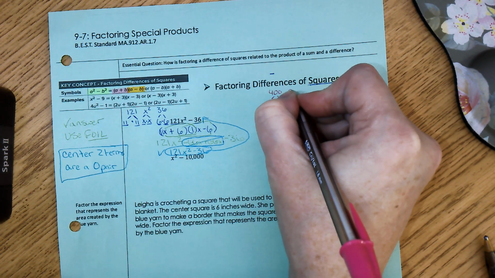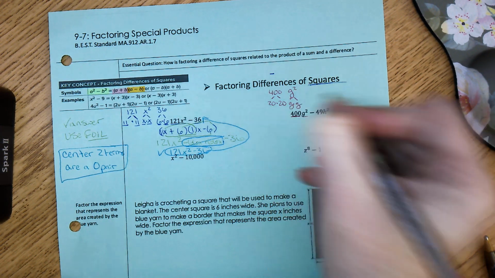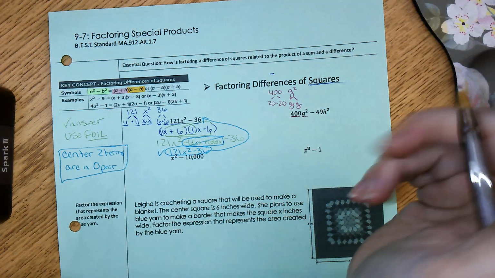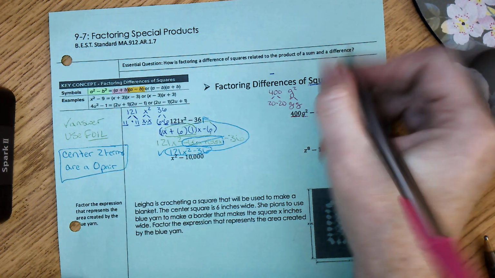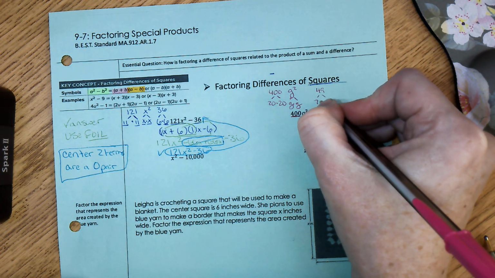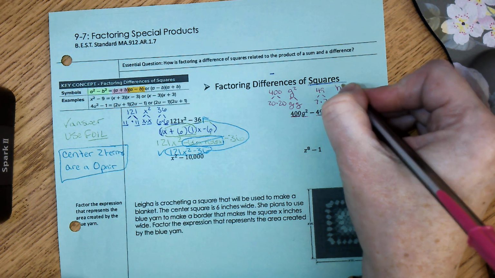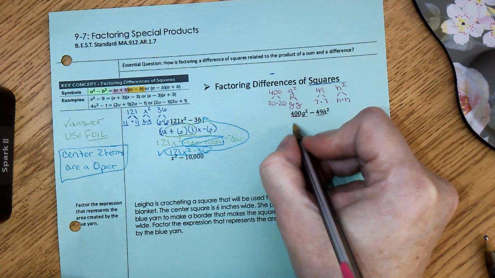G squared is just g times g. That's our whole first term, broken up. And then our 49h squared, well, 49 breaks down into 7 times 7, and h squared breaks down into h times h.